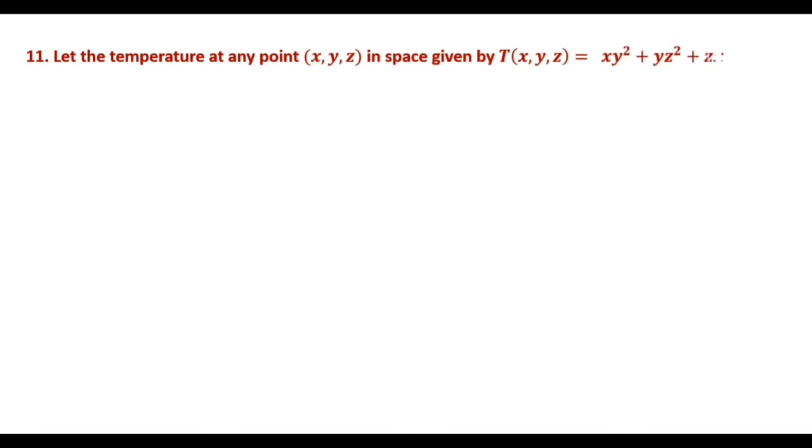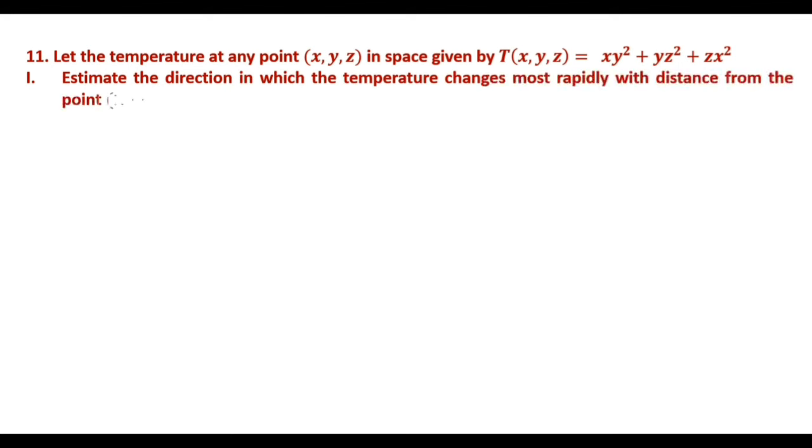Now you can see the scenario based question, a direct 10 marks question from unit number 3, vector differentiation. Let the temperature at any point in space be given by the temperature function in terms of x, y, z. It is an algebraic function, a cubic expression.